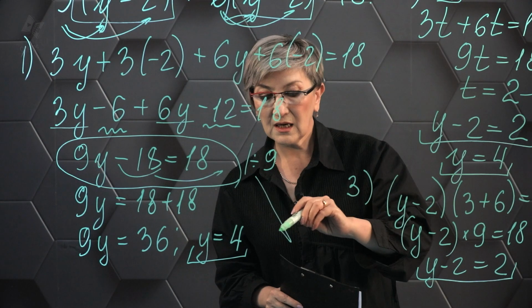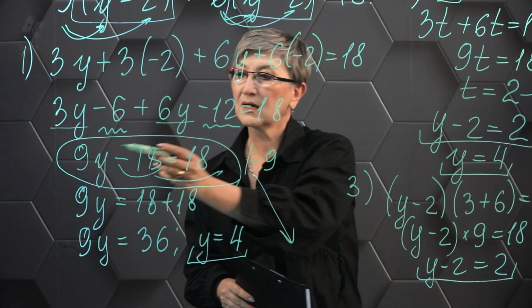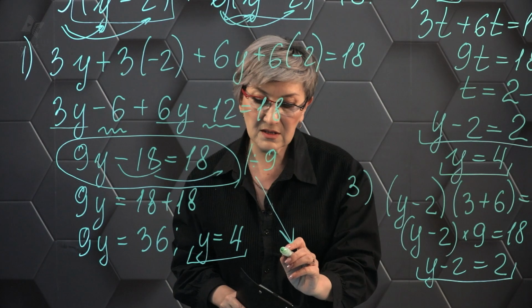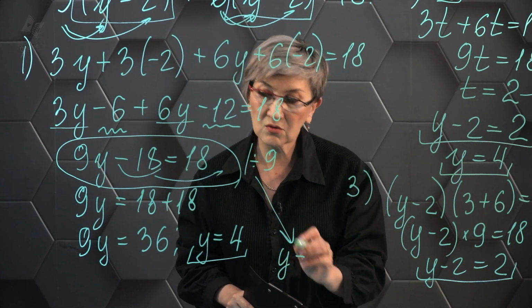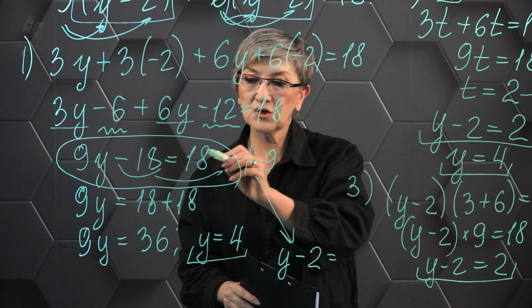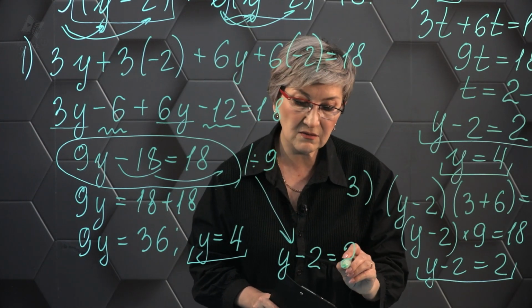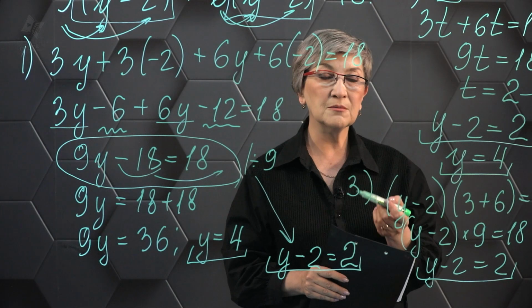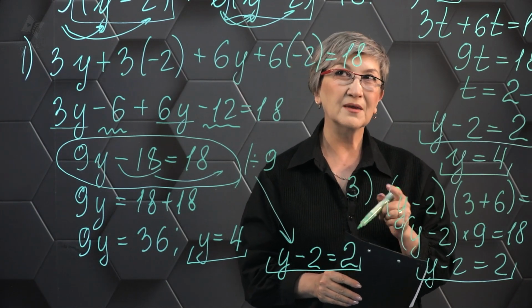As a result, this equation can be written like this: 9 divided by 9 is y, minus 18 divided by 9 is 2, and again, 18 divided by 9 is 2. And the result is again the equation y minus 2 equals 2.